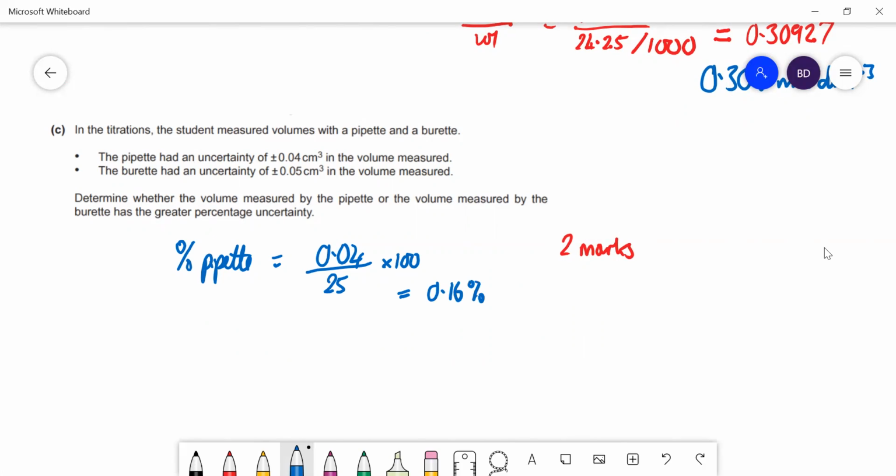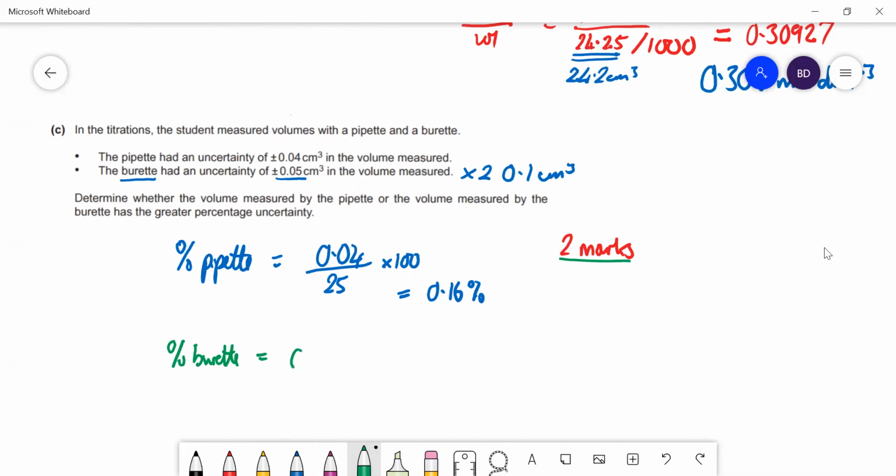Now let's do it for the burette. We have to be careful with the burette because each reading has an uncertainty of 0.05, and we take 2 readings, the initial and the final. So we multiply that uncertainty by 2, which gives us 0.1 centimeters cubed. The titer there was 24.25 centimeters cubed, but let's use the smallest titer, which gives us the biggest uncertainty. That was 24.2 centimeters cubed. The percentage uncertainty for the burette is going to be bigger than that, I'm pretty sure, but you should probably show the calculation because it is 2 marks.